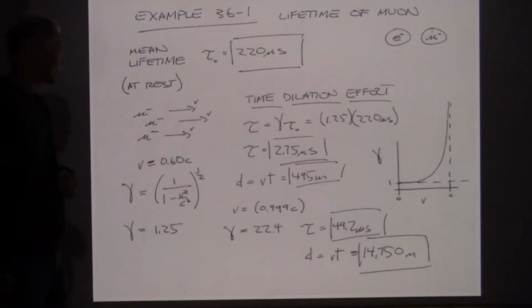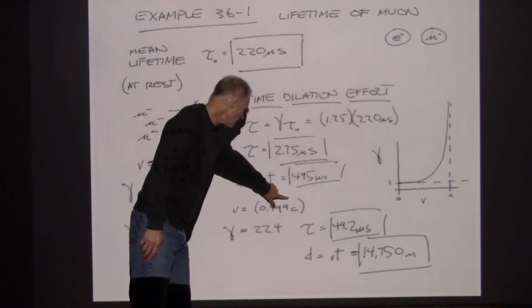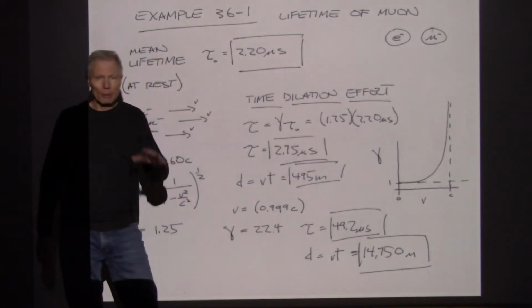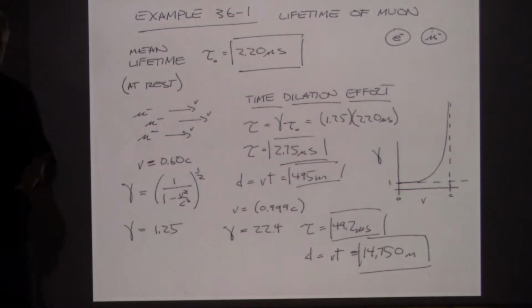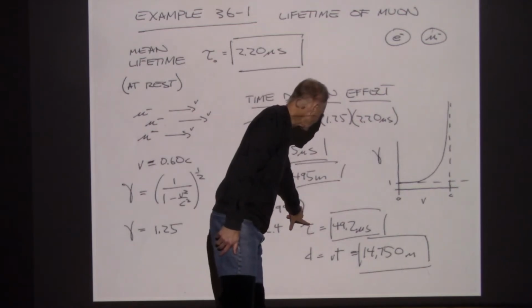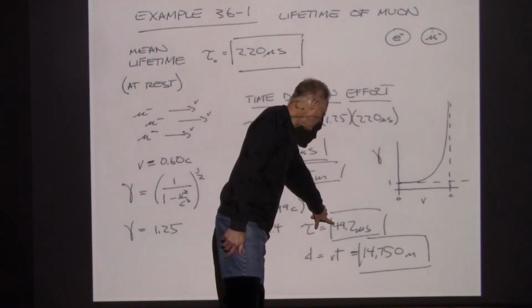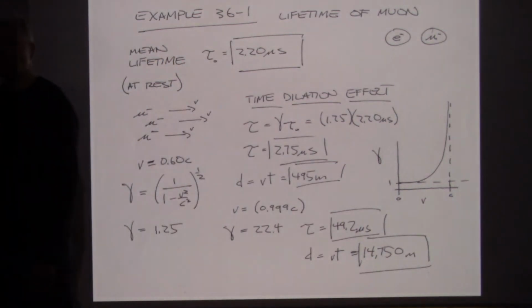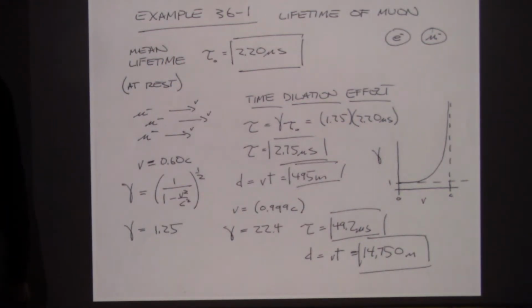That's much faster. At 0.999, the gamma factor would be 22.4. They would survive, on average, 22.4 times longer. And at that, they would have a lifetime of 49.2 microseconds, and they would travel 14,750 meters on average.